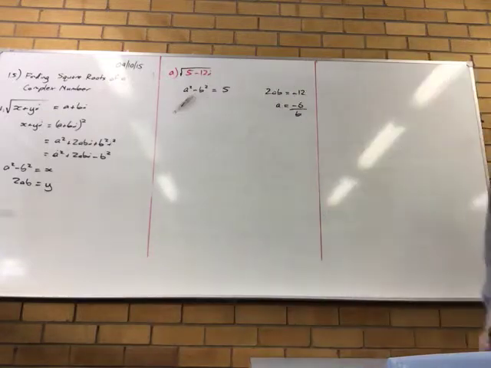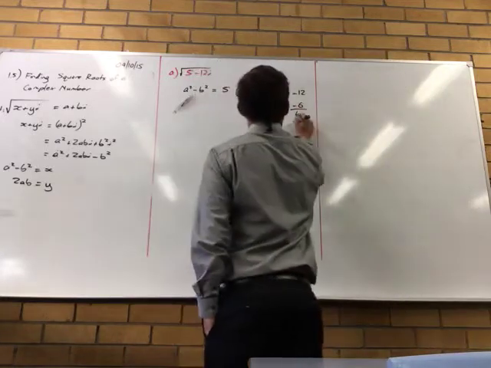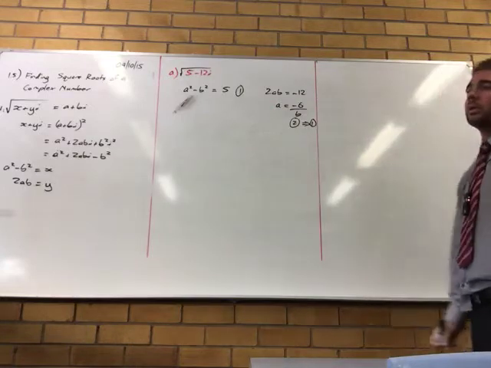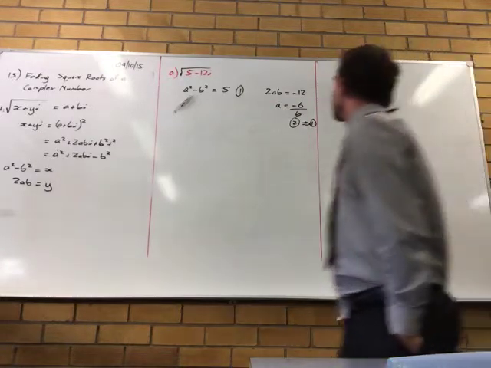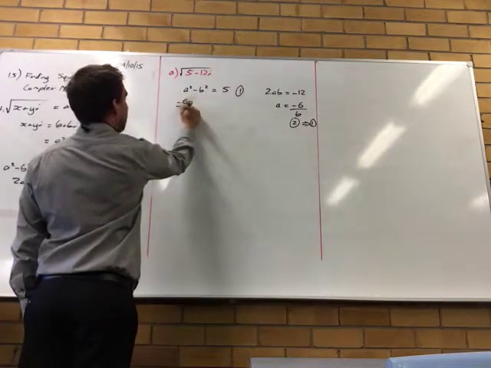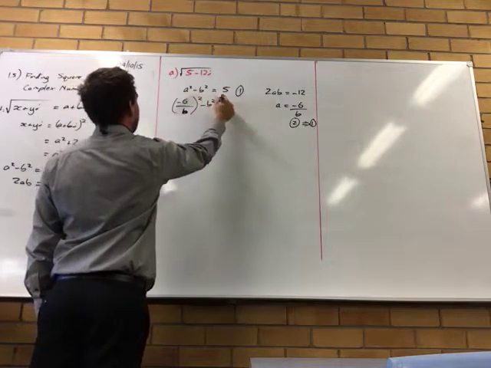Solving doesn't matter which way you go, you should get the same answers. So number 1, this is number 2, put that into number 1, eliminate one of your variables and solve. So -6 over b all squared, take away b squared is equal to 5.